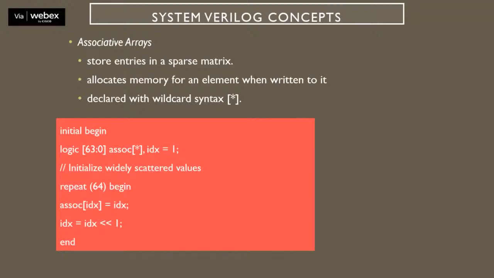The next topic here we have is the associative arrays. So in an associative array, what happens is, sometimes we try to use a dynamic array, or any modeling where you are modeling a processor which has some gigabit address ranges. But the thing is that in the gigabit address ranges, all the locations may not be used.